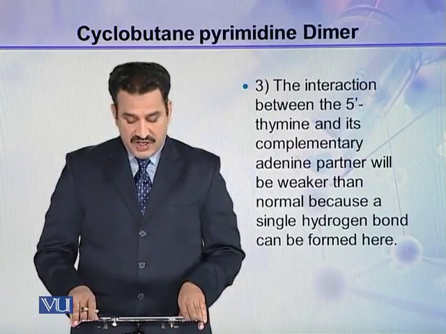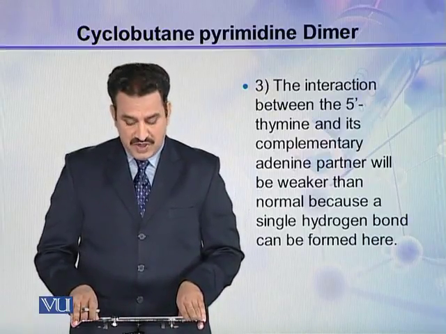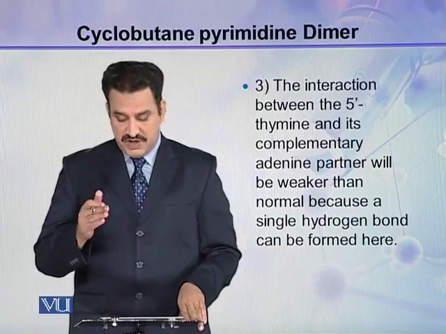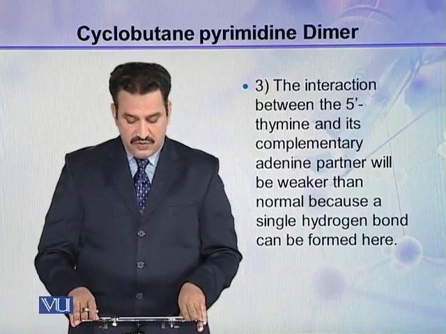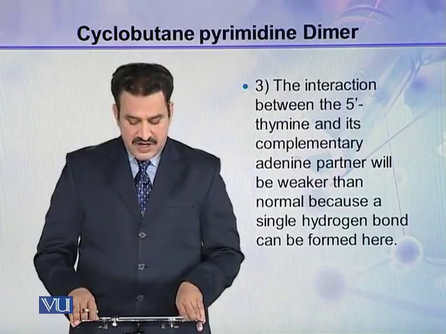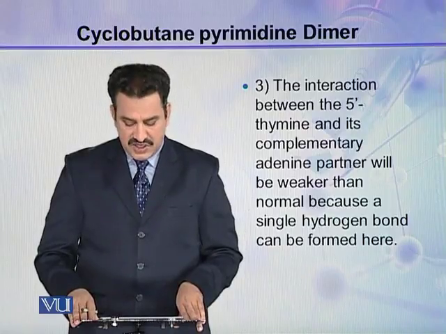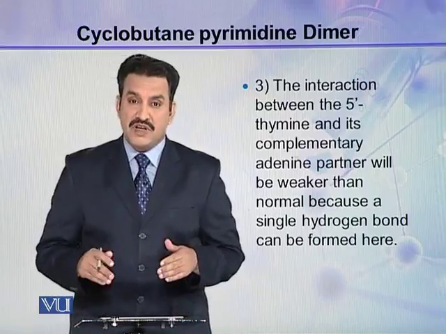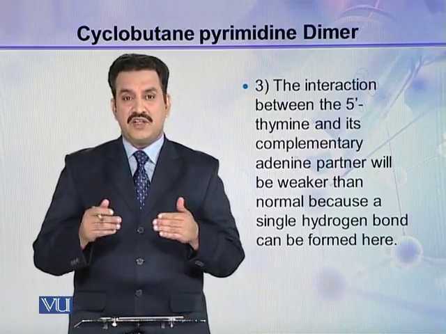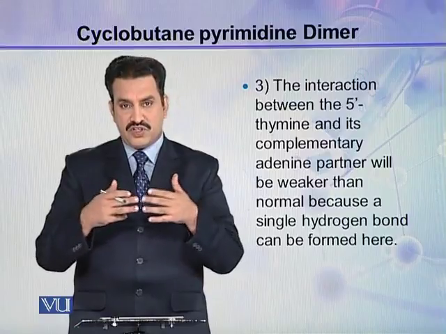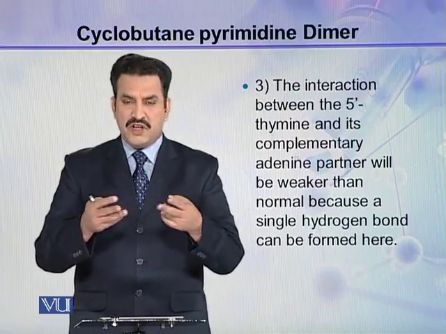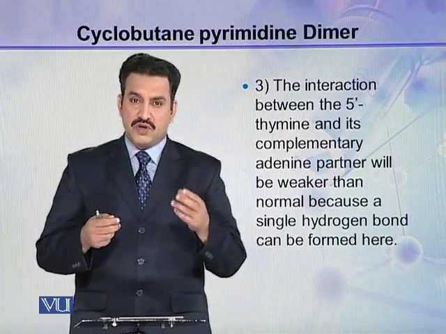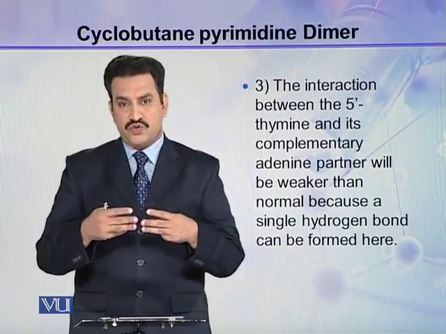While the interaction between the 5' thymine and its complementary adenine partner will be weaker than normal because a single hydrogen bond can be formed here. Normally between adenine and thymine, 2 hydrogen bonds are formed. Similarly, between guanine and cytosine, 3 hydrogen bonds are formed.